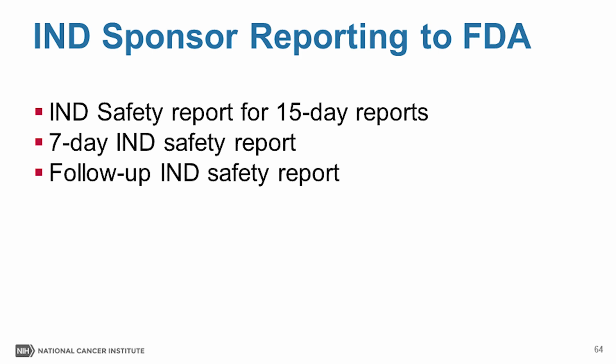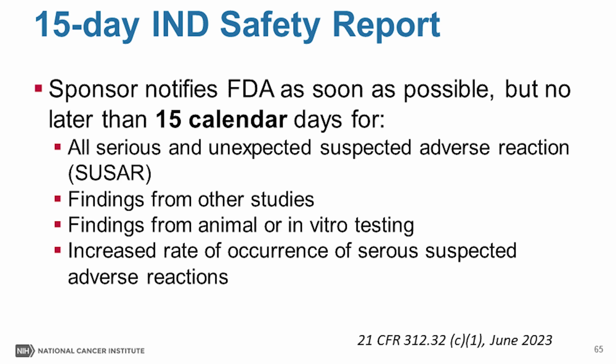There are potentially 3 types of reports a sponsor will send to the FDA: a 7-day report, a 15-day report, and a follow-up report. So let's take a look at those individually. The first is a 15-day IND Safety Report, sometimes referred to as an ISR.